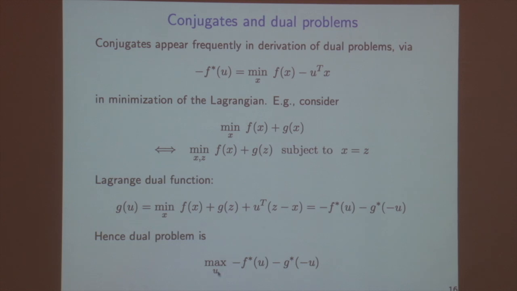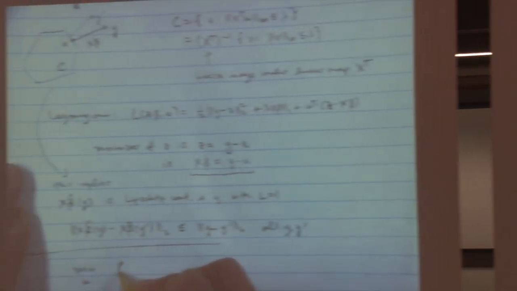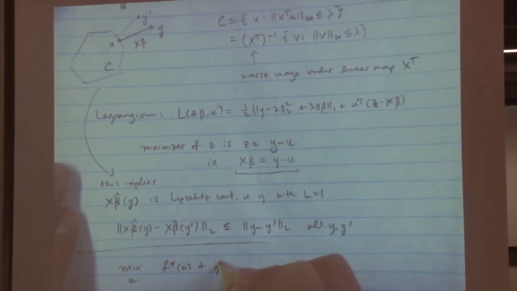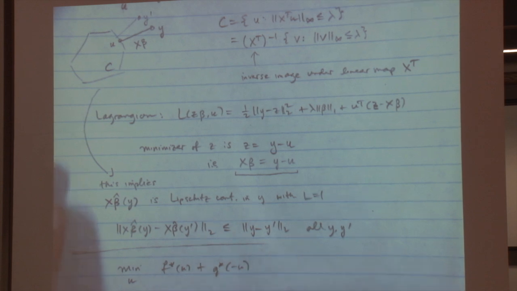And the answer is the maximum over all u of negative f star of u minus g star of minus u. So it may be easier to think about an equivalent dual, which is just minimize over all u f star of u plus g star of minus u. So that's the dual of this problem.